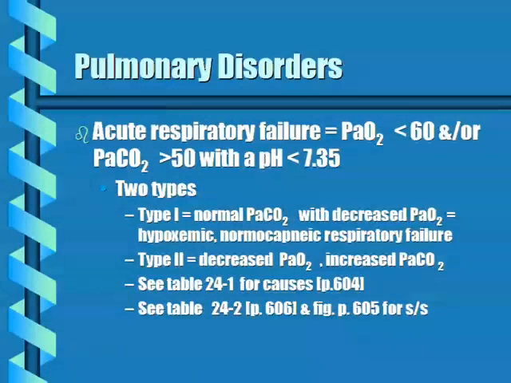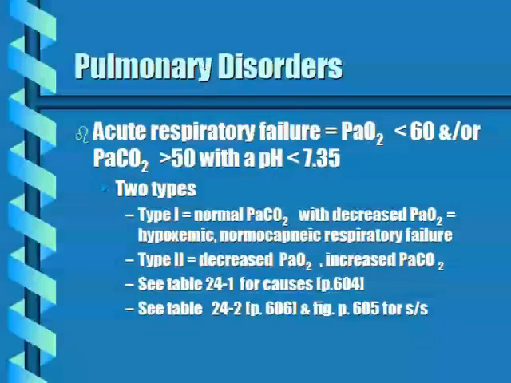Pulmonary disorders. Acute respiratory failure is your PaO2 is less than 60, and or your PaCO2 is greater than 50 with a pH less than 7.35. There are two types. You have type 1, where you have a normal PaCO2 with a decrease in PaO2.